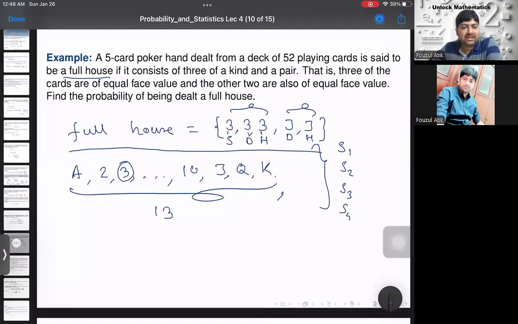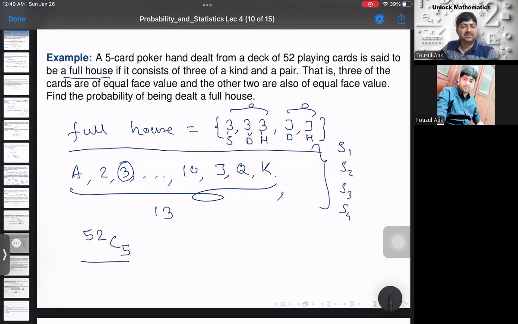First of all, those 5 cards you can choose from a standard deck of 52 cards in how many ways? Yes, it's 52C5 ways. So this is the total number of outcomes.